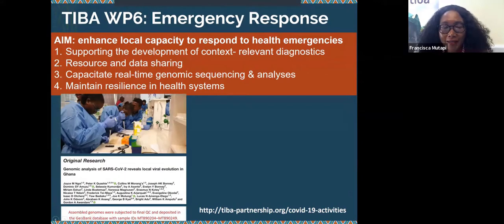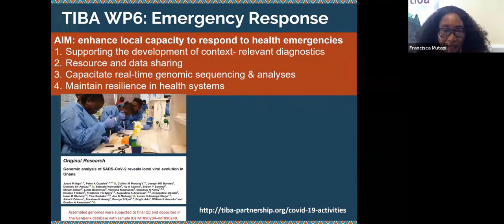So in terms of capacitating real-time genomic sequencing and analysis, pre-COVID, we had already trained partners from the 9 TIBA countries on real-time viral genomic sequencing. And this is done through the MinION system, which means it is portable and it is basically a lab in a box. It can be deployed anywhere in a rural setting, and you'll be able to collect your sequences in real time.